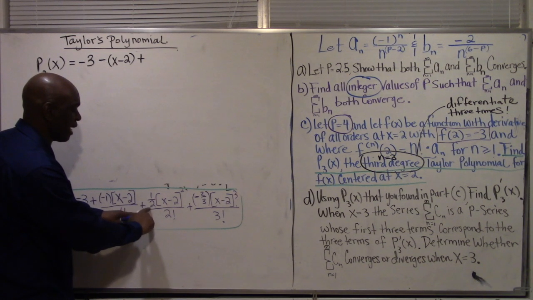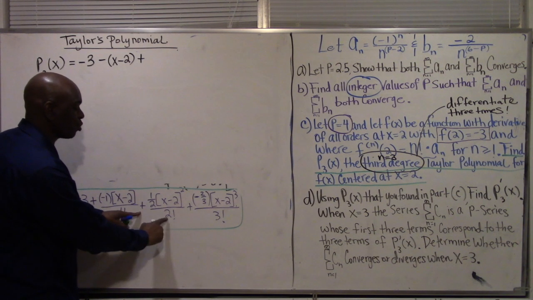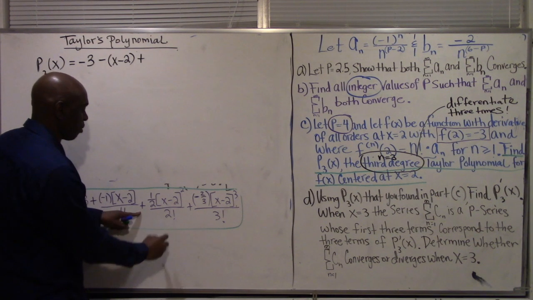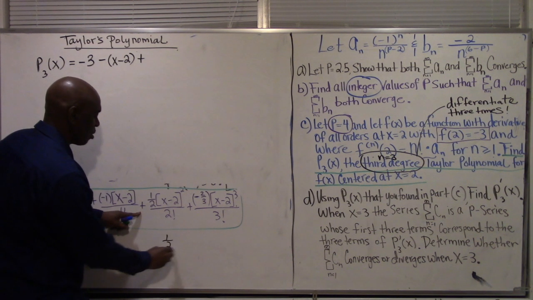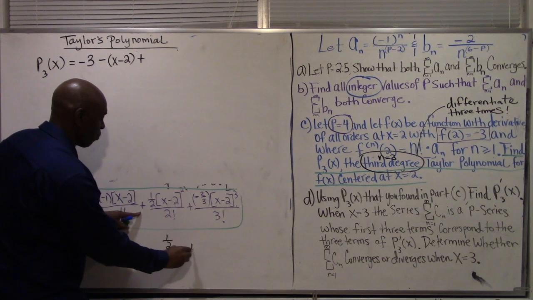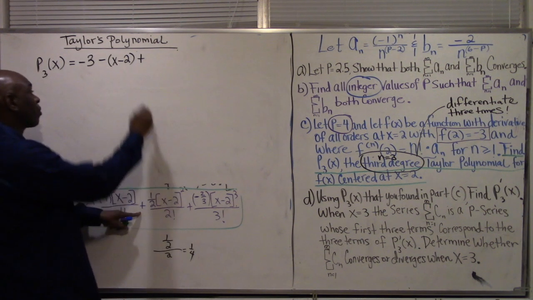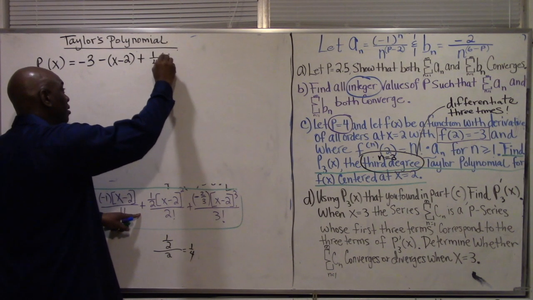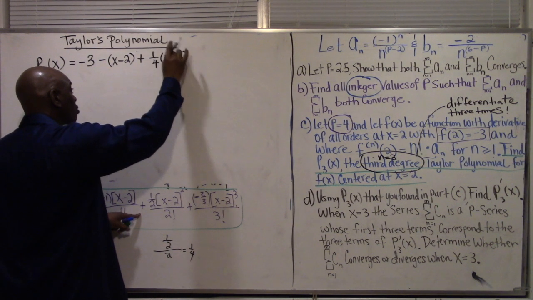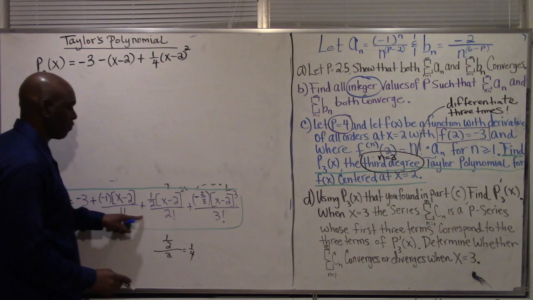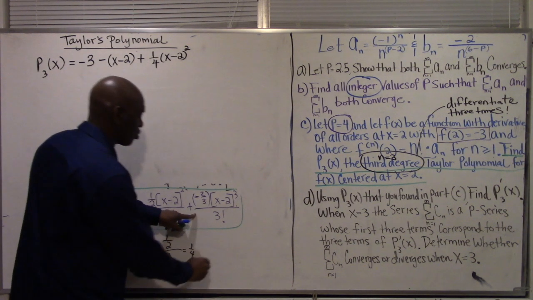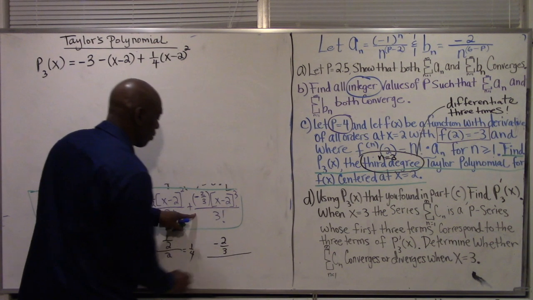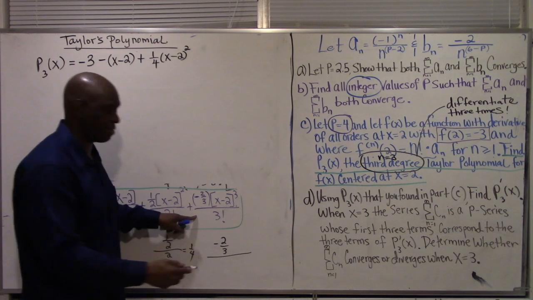I know 2 factorial is 2, so I'm going to have 1/2 over 2, which is 1/4, so 1/4 of x minus 2 quantity squared. Okay, so far so good. Right here, what is 3 factorial? I'm going to have negative 2/3 over, what's 3 factorial? That's 6.